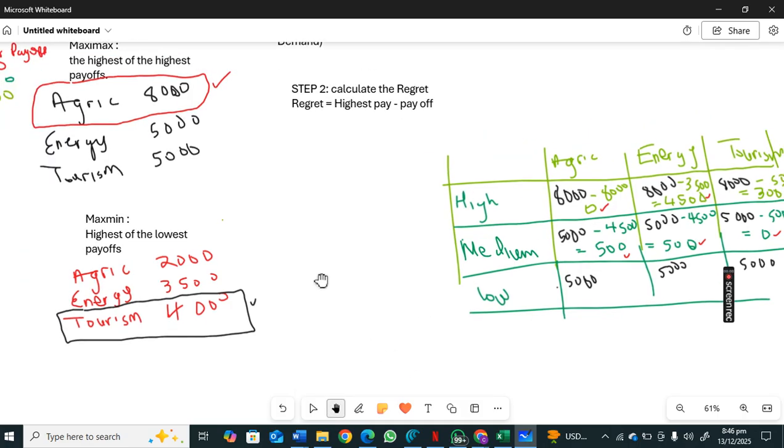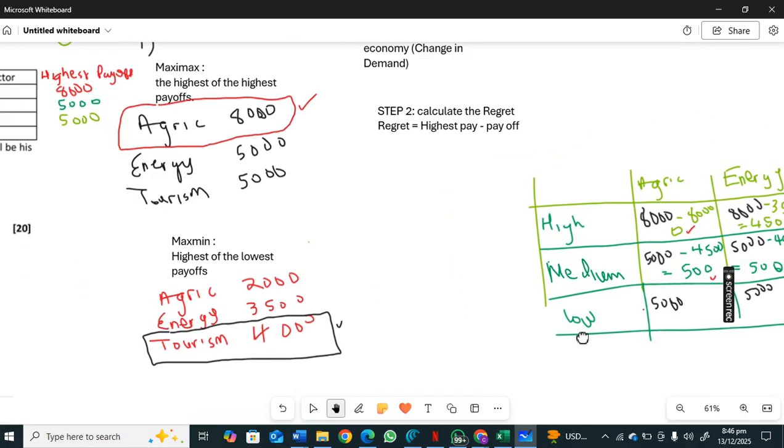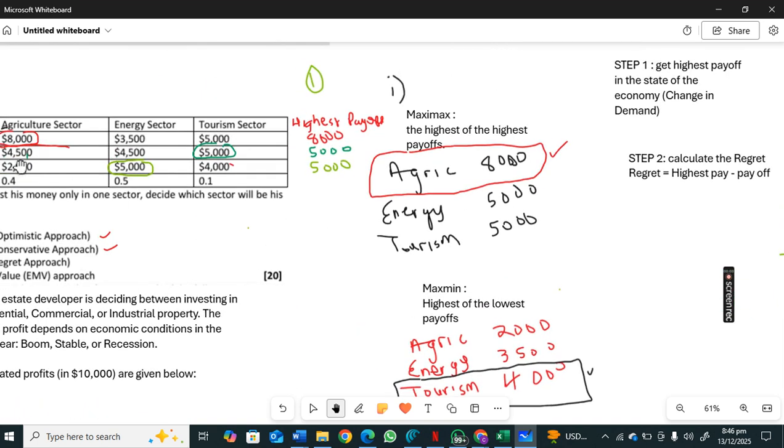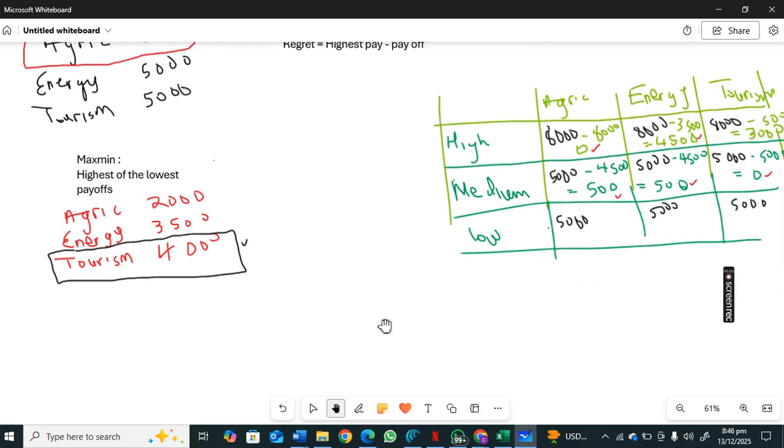When demand is low, the payoff in agric was 2,000. So 5,000 minus 2,000, you get 3,000. This is how much you'll miss out if you invest in agric.